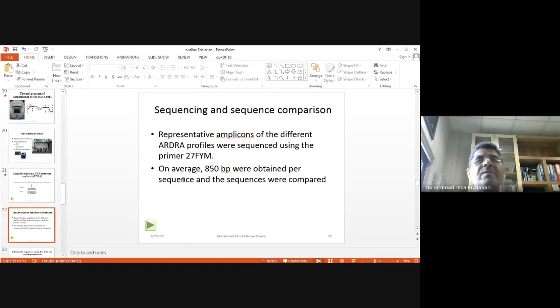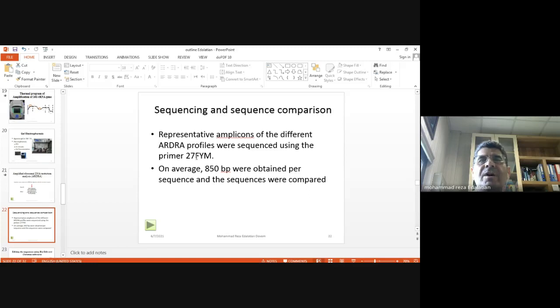In the next step, representative amplicons of different ARDRA profiles were sequenced using the forward primer 27F.